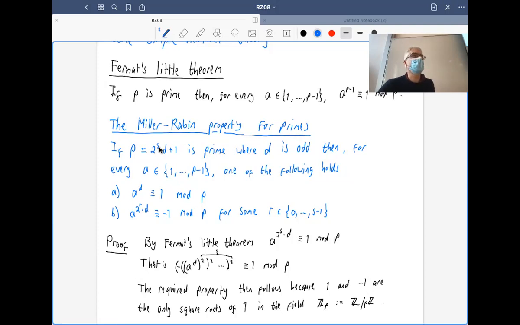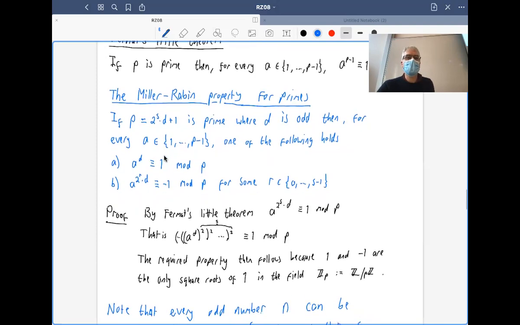Hang on, no, that's s. And when you eventually get an odd number, that's d. So if you've got an odd prime, split it like this. So s is at least 1.